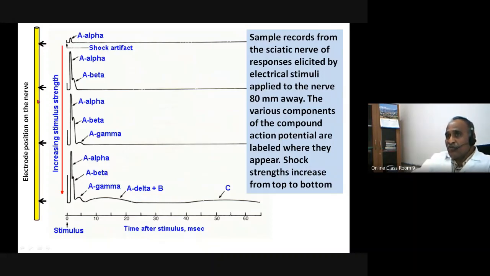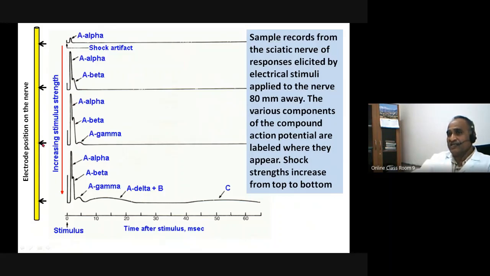As I move the recording electrode further along the nerve fiber, to this second place, the beta peak starts appearing, because its conduction velocity difference can now be resolved. As I place the electrode in the third position, another peak appears: the A alpha, A beta, and A gamma.